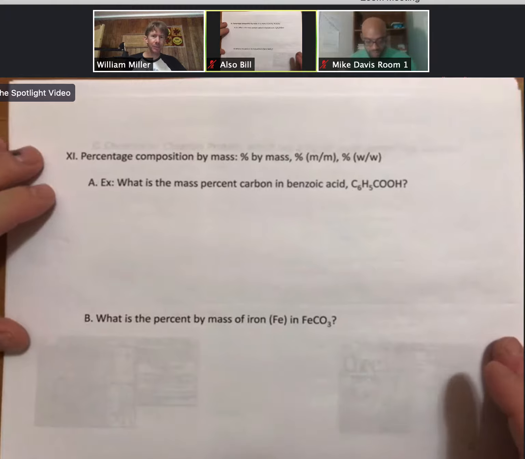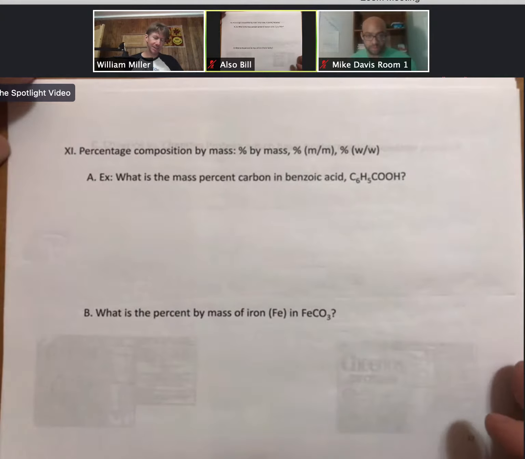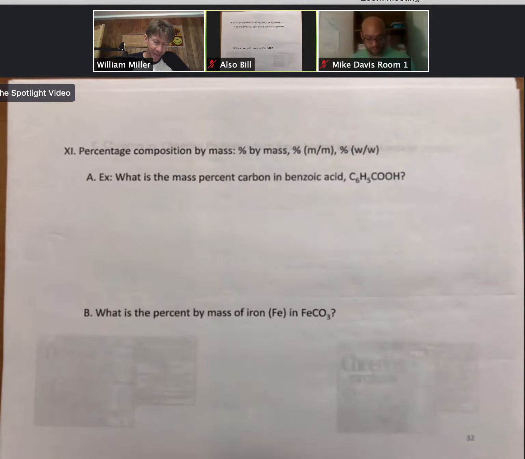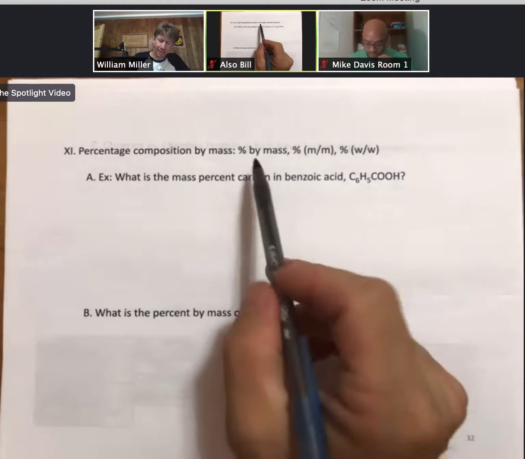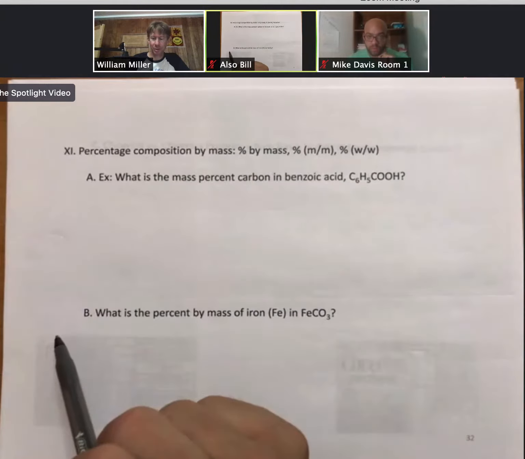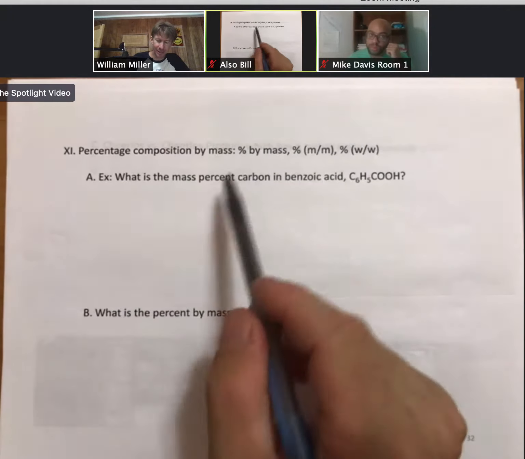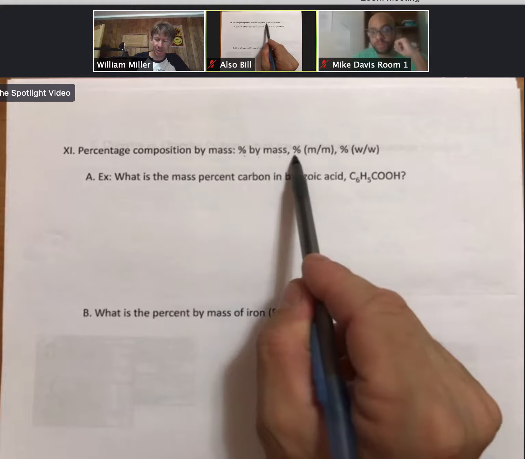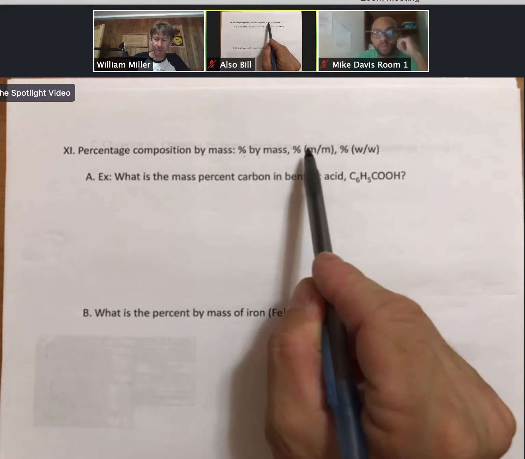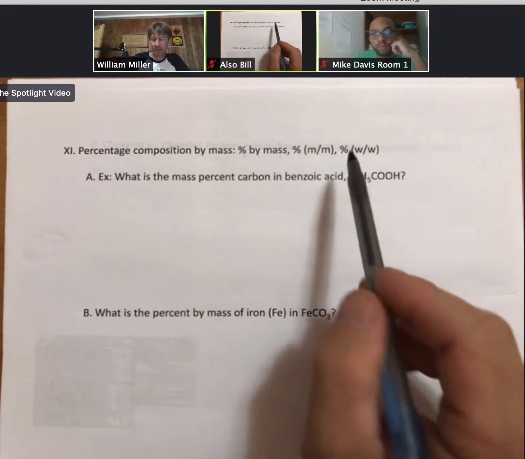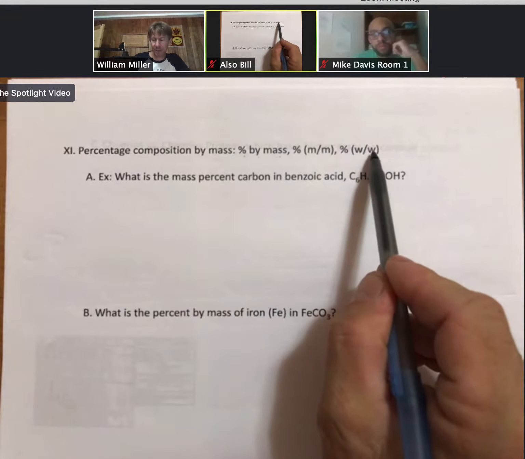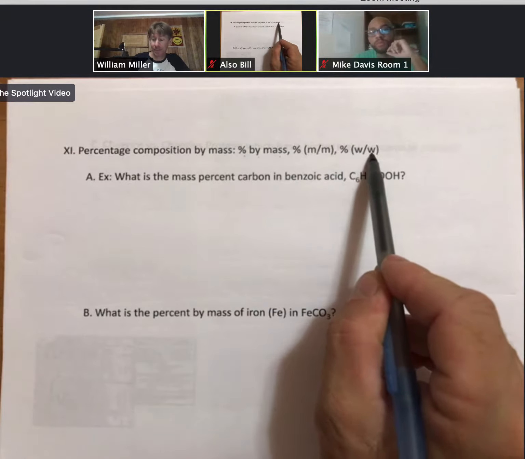Now, there's a couple more types of calculations we need to learn in this lecture outline. The next one is percentage composition by mass. There's at least 3 different ways to refer to percentage composition by mass. It's percent by mass, percent m/m, which is mass divided by mass, or percent W divided by W, which is weight divided by weight.